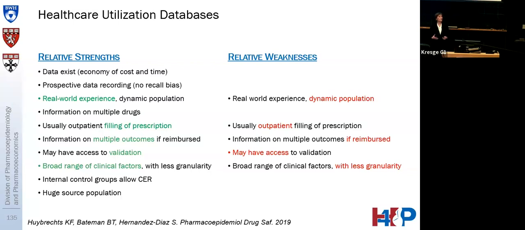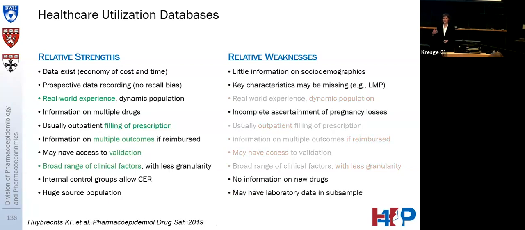And while we have information on a range of clinical factors, it's typically with less granularity than you might have available if you collected the data prospectively, like, for example, in the registries that Dr. Cohen was referring to. In addition, sometimes we miss information on some important key characteristics, and an important one is the start of pregnancy. So we have to estimate the start of pregnancy, the LMP date, which is the conception date.